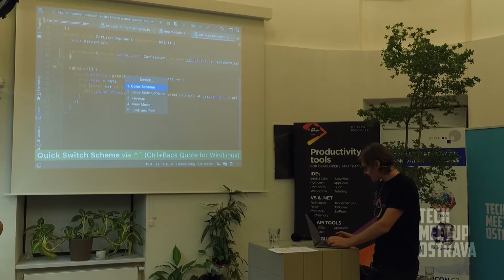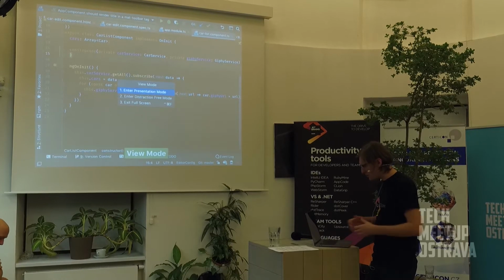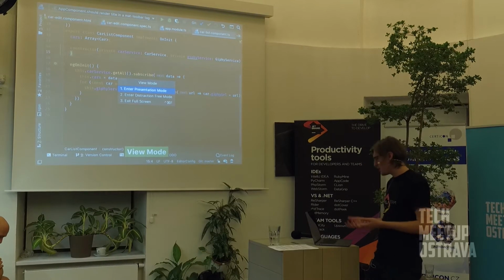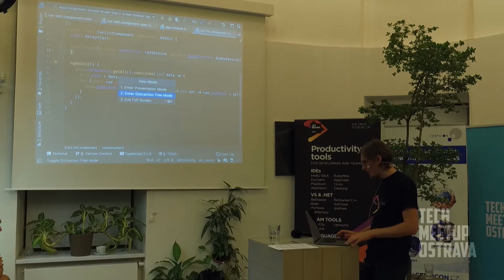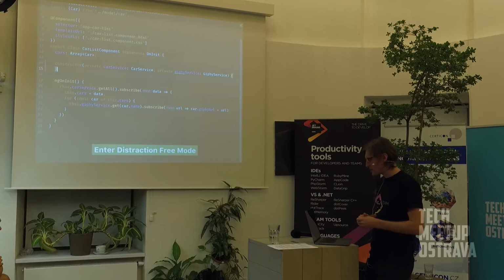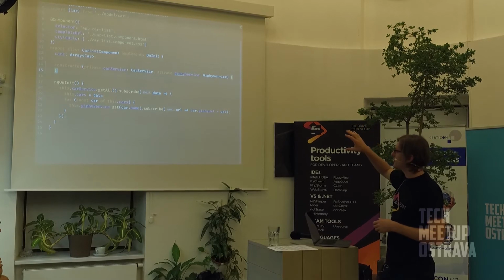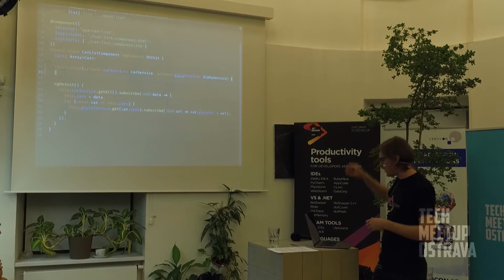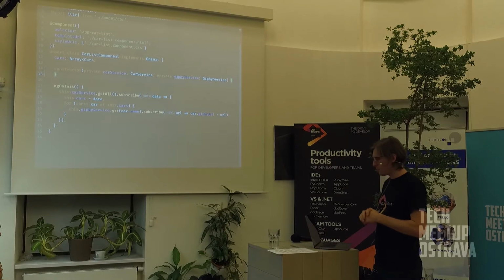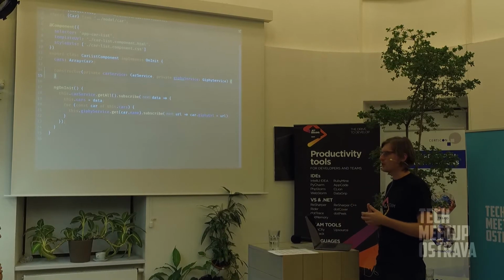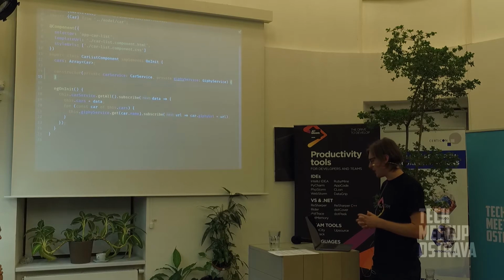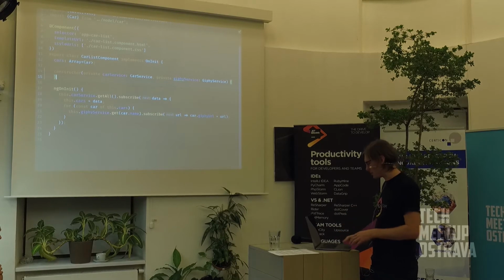Okay. So when you want to improve your coding speed, you can move to distraction-free mode, which basically clears out all those unneeded windows around and forces you to actually use keyboard all the time, to not use mouse.